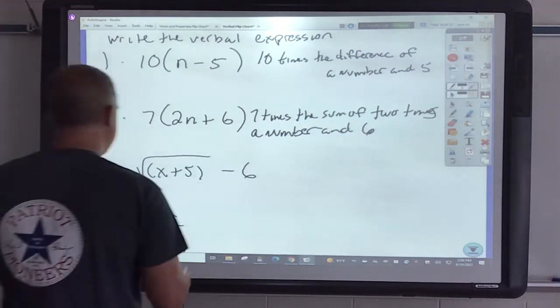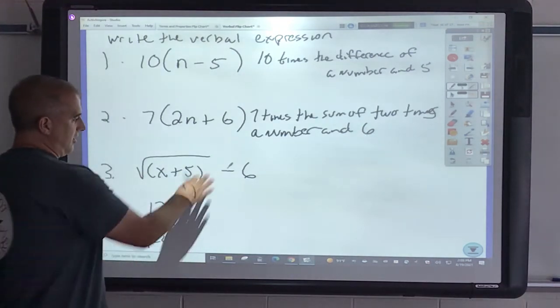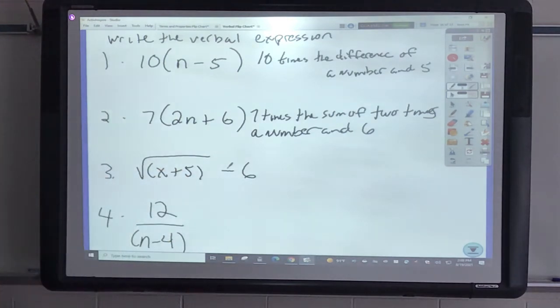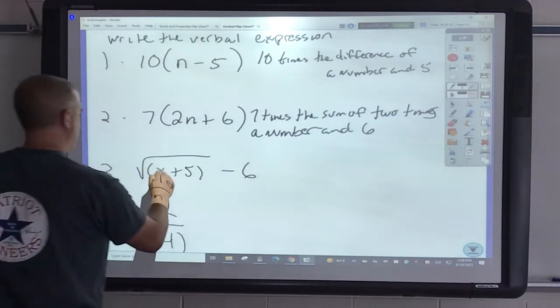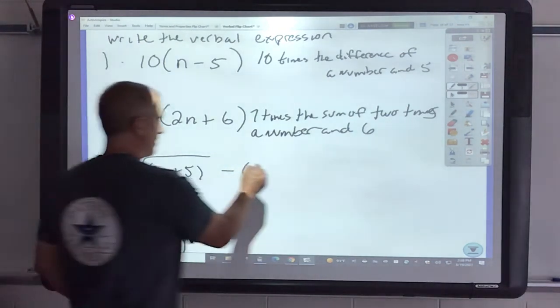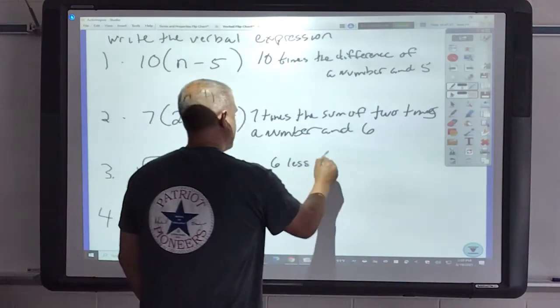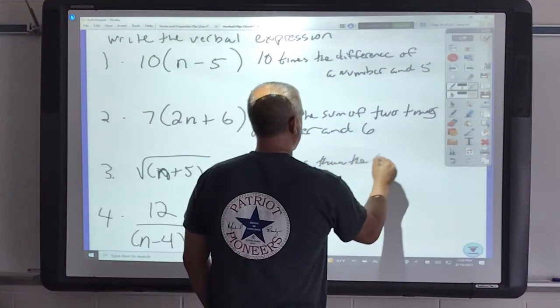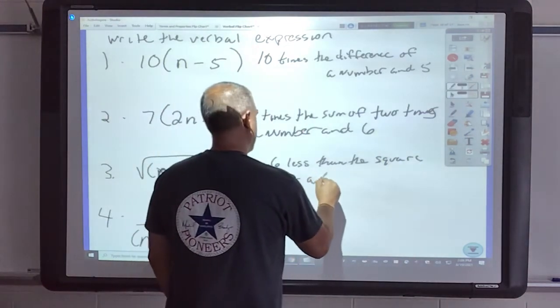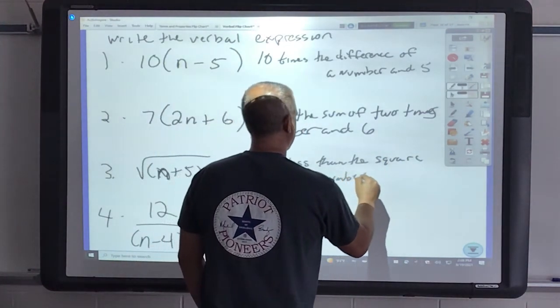What's happening here? Now I've got this minus. Watch this. You can do this a couple different ways. You can say the square root of the sum of a number and 5. I like this: 6 less than the square root of a number plus 5.